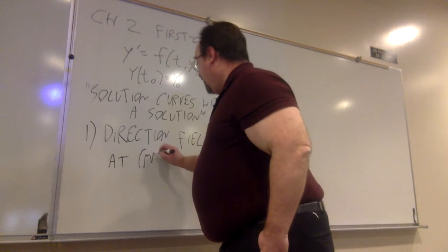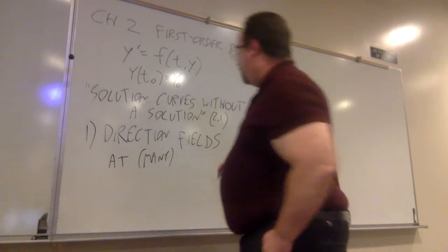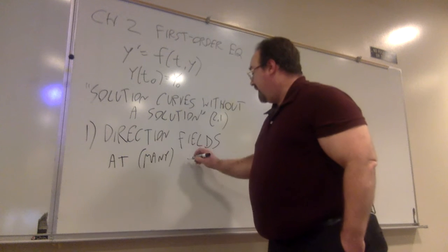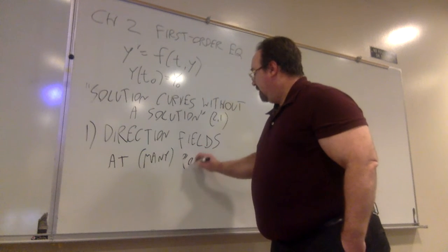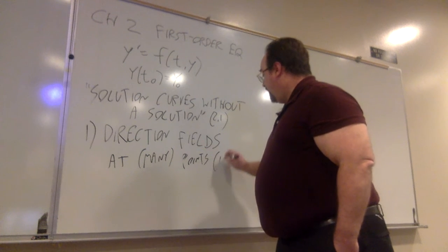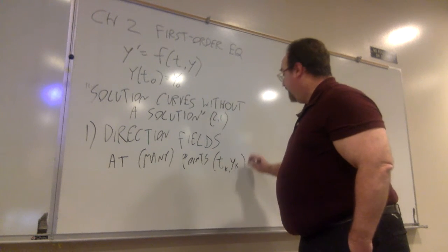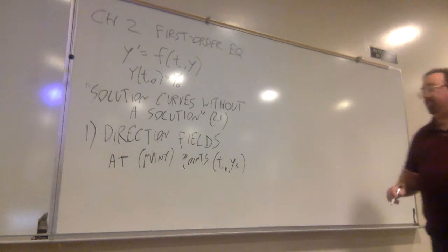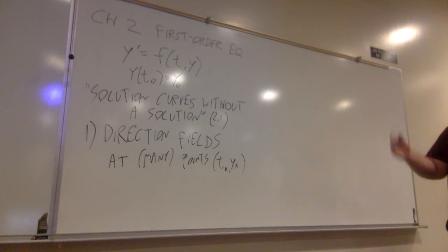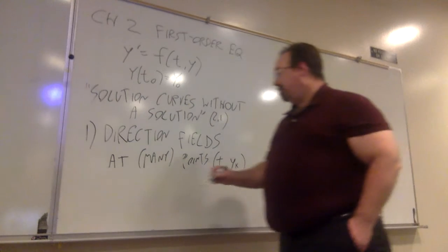So how you generate one, or how to have software do it for you, is at many points in the ty plane. So t1, y1, t2, y2, etc., up to k, where k has to get pretty big to get a decent picture.